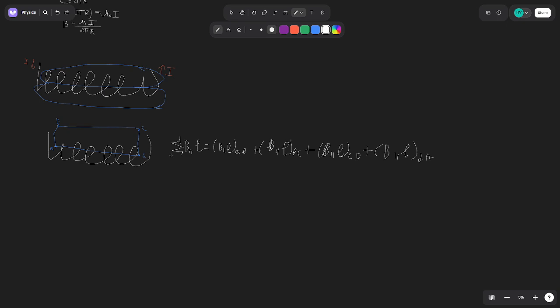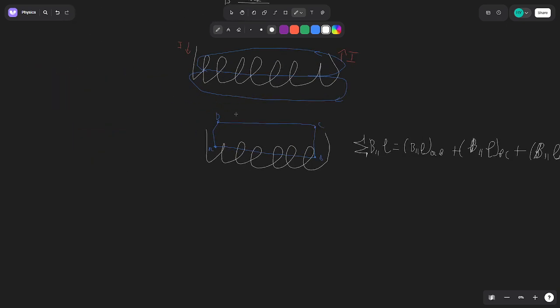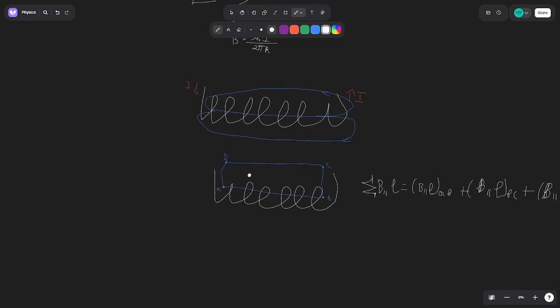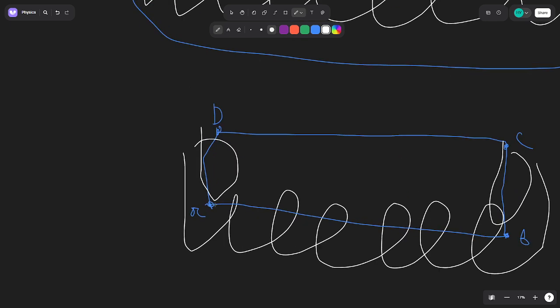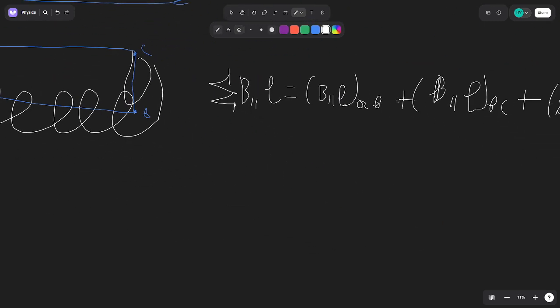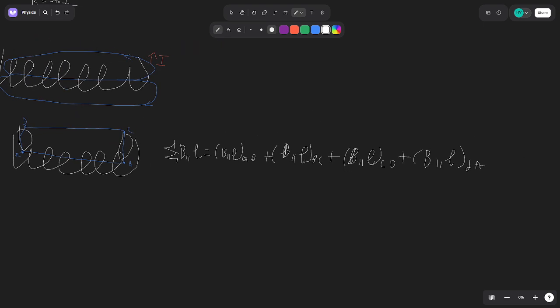Really long formula, but here's the thing. AD and CB are perpendicular to the source of magnetic field, so they are basically equal to 0, right?